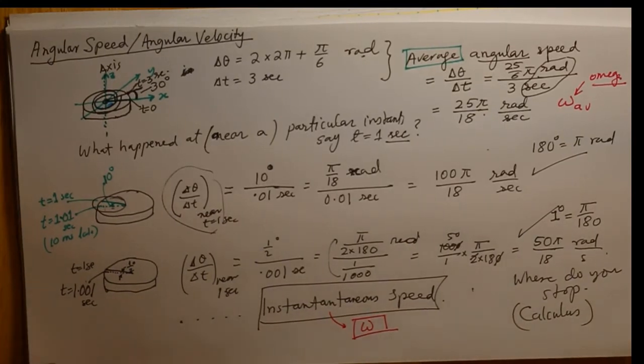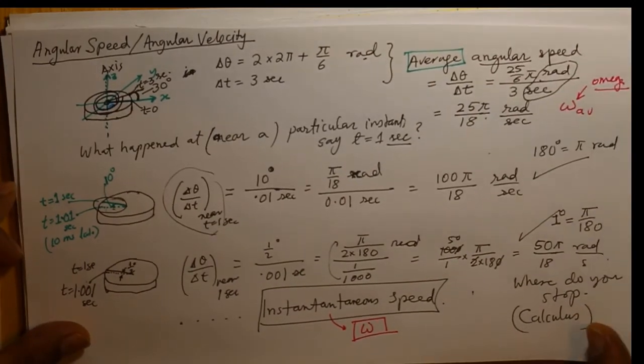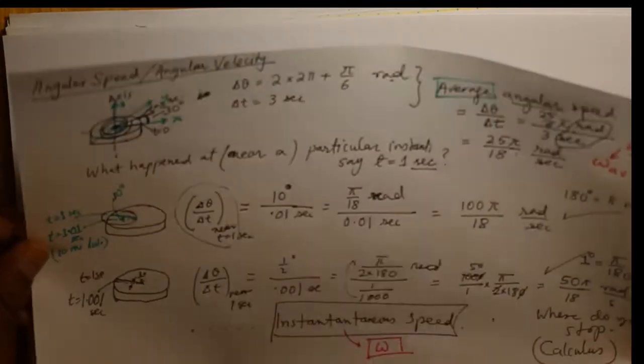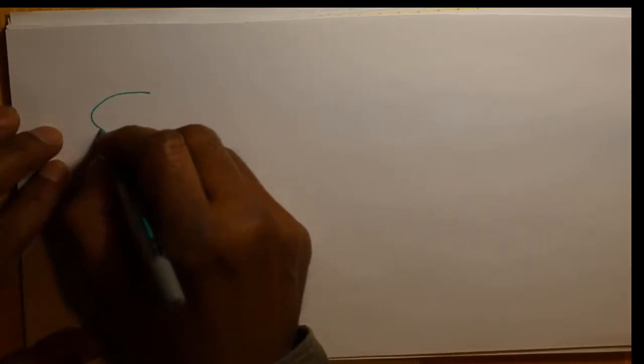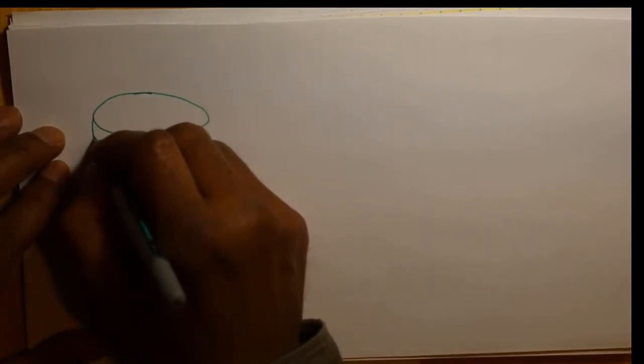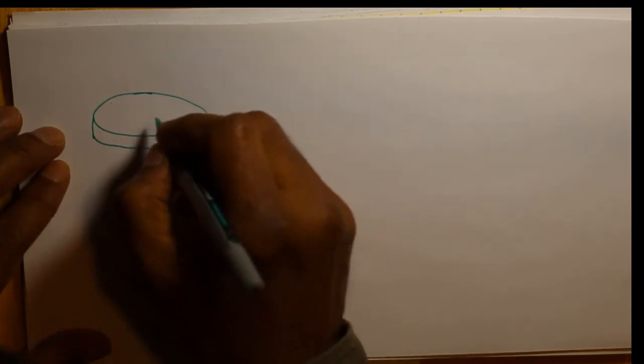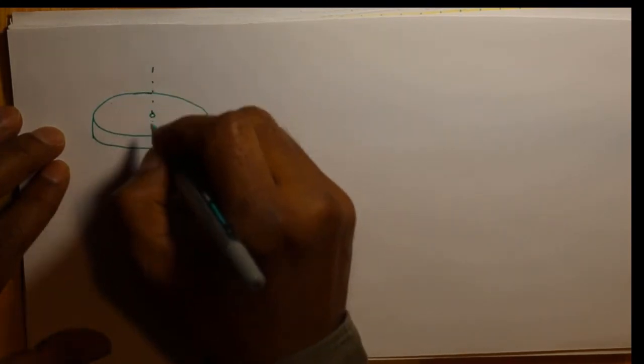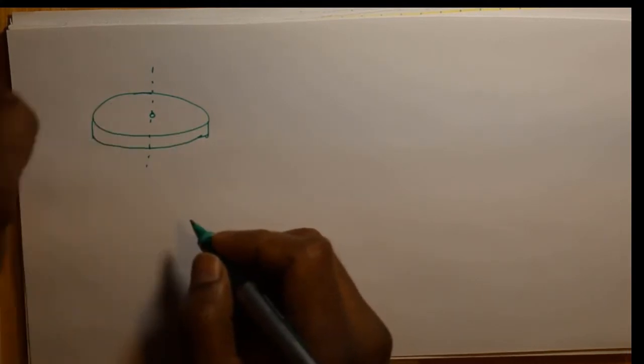We remember we did velocity before, for regular velocity. So if I have something rotating, again, a disk is a very simple example to study. It has a nice axle, an axis about which I can rotate.